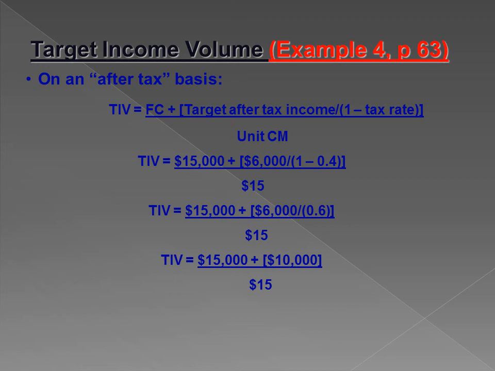So you take your $15,000 plus your after-tax dollar amount, which would be $6,000 divided by 0.6, gives you $10,000. So you take those two numbers, add them together, divided by 15, gives you a target income volume after taxes of 1,667 units.